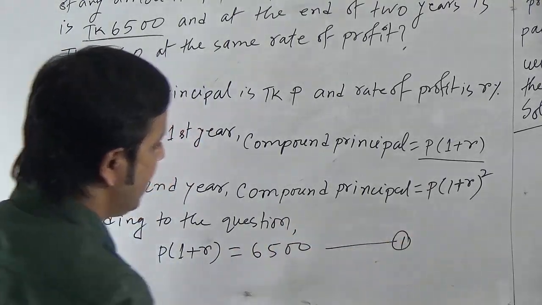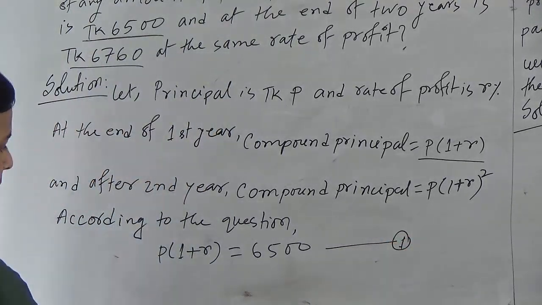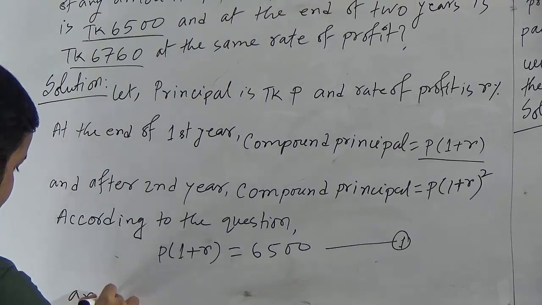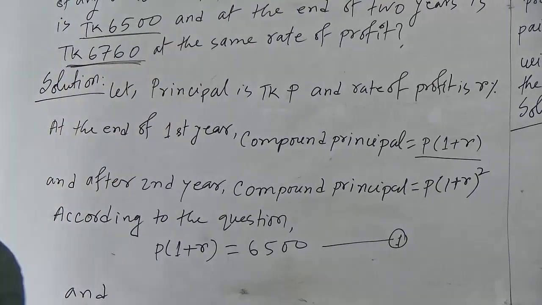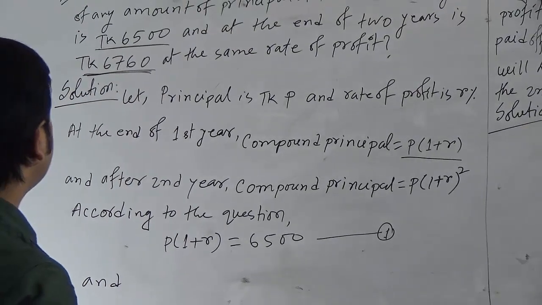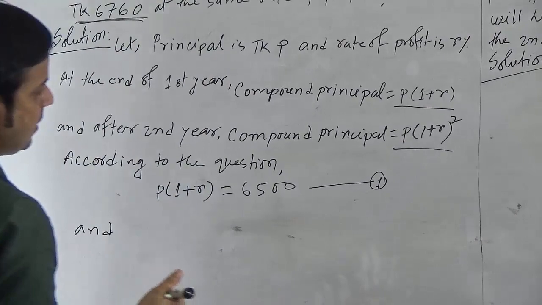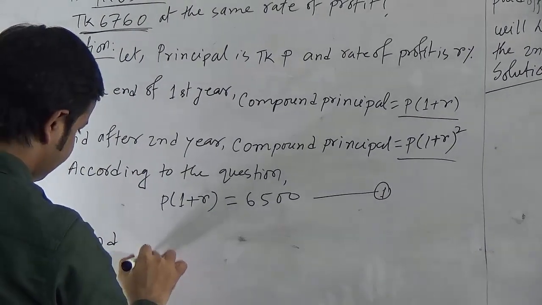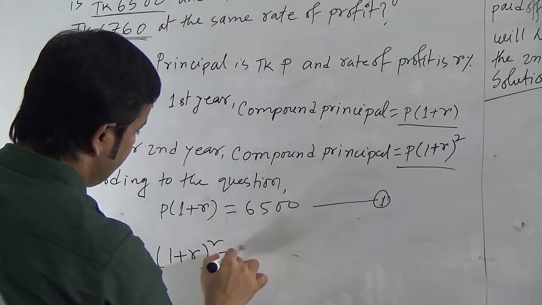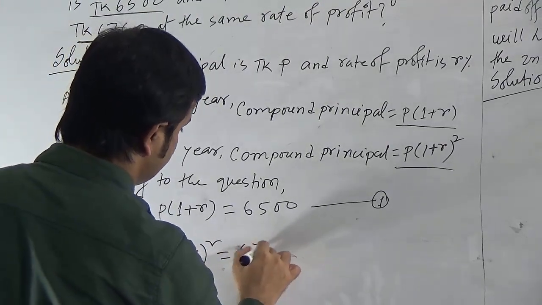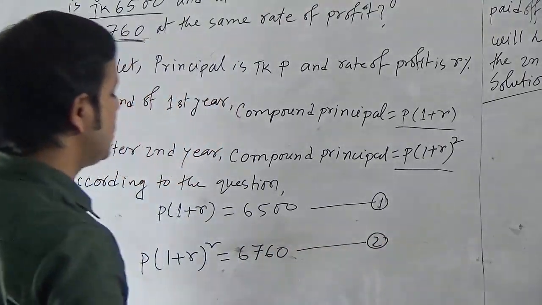We can call this equation 1. After the second year the compound principal is 6,760 and here is P into 1 plus R whole square. It means that P into 1 plus R whole square equals 6,760. This is equation 2.